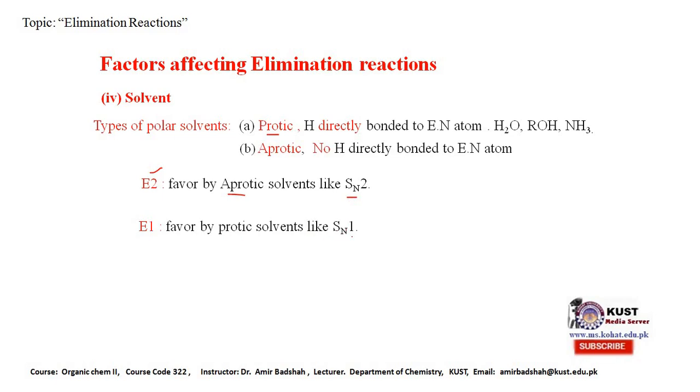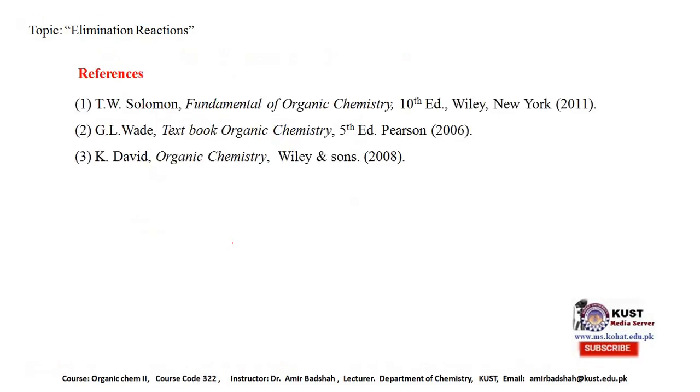Because if we use aprotic solvent, it will not interact with the base, so the base will be free to abstract hydrogen. But if we use protic solvent, in E1 reaction we get a carbocation which is stabilized by the protic solvent. Due to this stability, it will enhance the rate of E1 reaction.